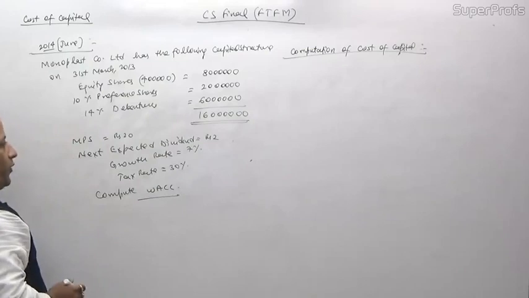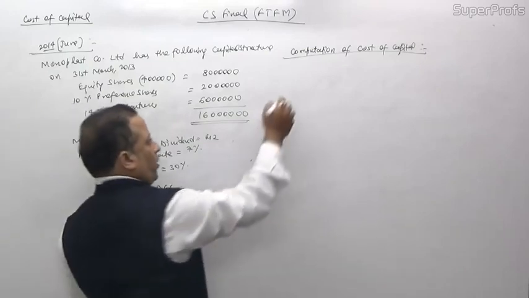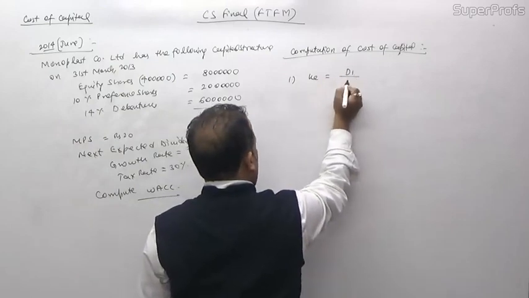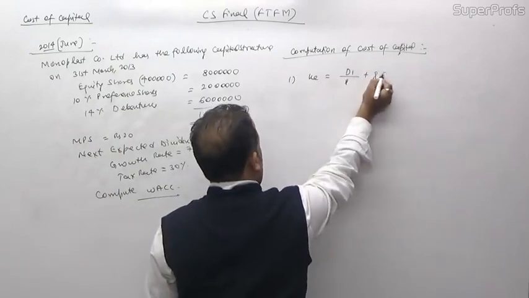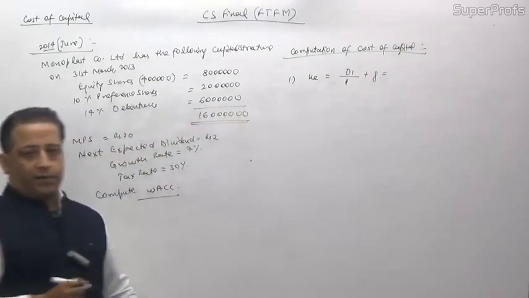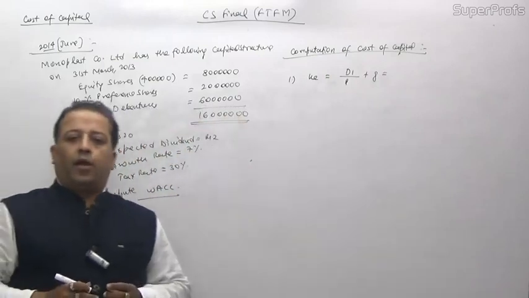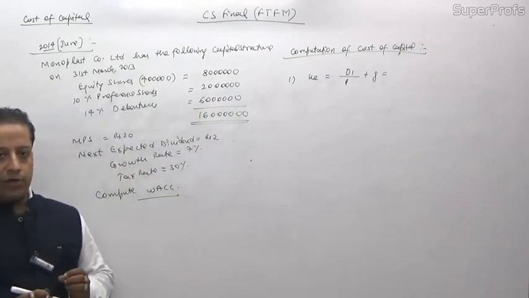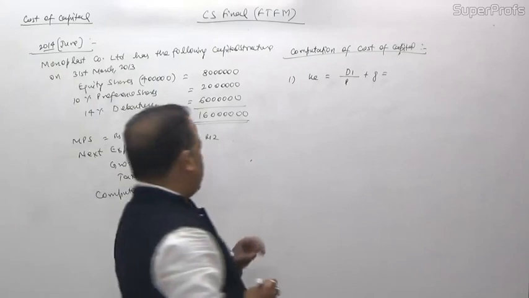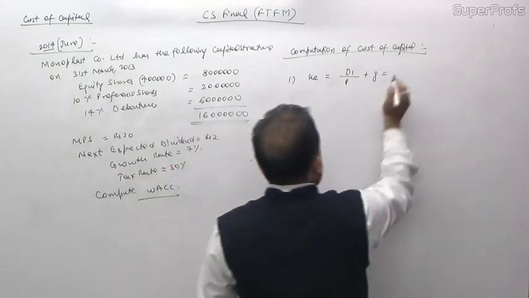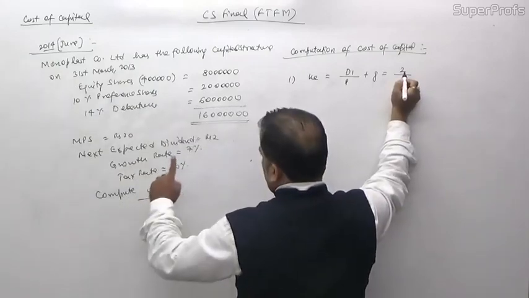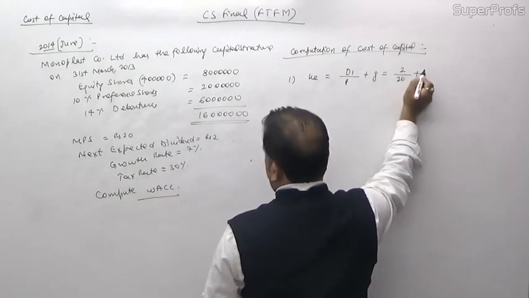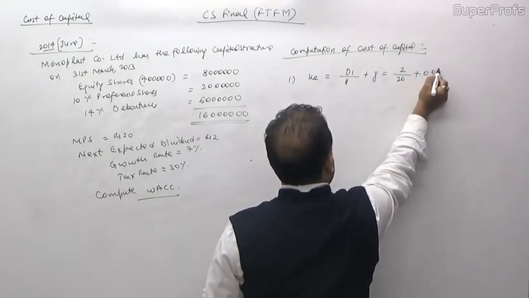The cost of equity is equal to D1 divided by P plus G. D1 basically means the next expected dividend. P stands for flotation price or market price or face value. G stands for growth rate. So D1 is rupees 2, P is the market price 20, and the growth rate is 7%.